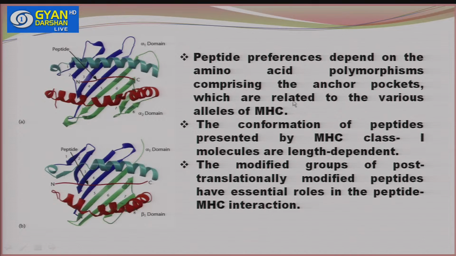The conformation of the peptides presented on the MHC class first molecule is length dependent, 8 to 10 amino acids. And the modified group of post translationally modified peptides has an essential role in peptide MHC interactions, so their role is very important. Ultimately they will be recognized by the T helper cell or T cytotoxic cell, and ultimately they are able to kill the pathogens and provoke the immune response also.